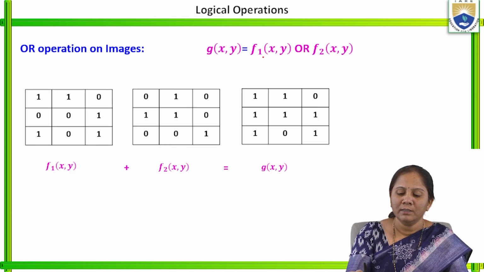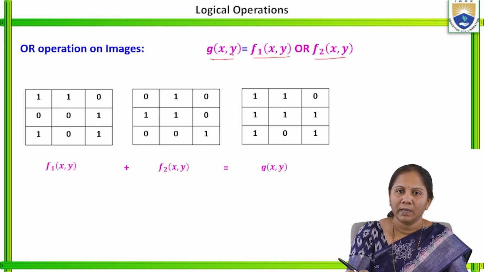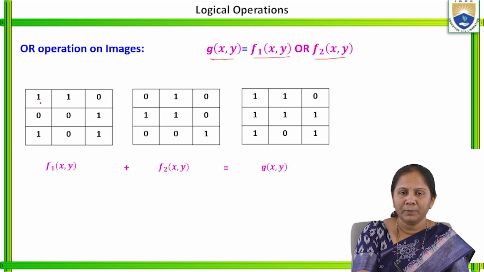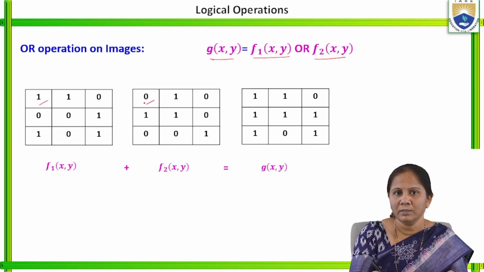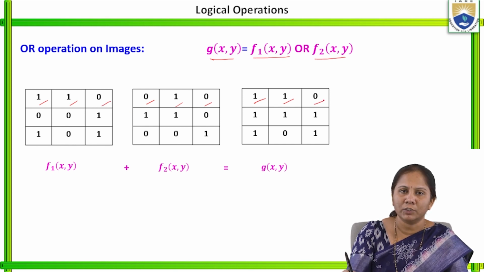So consider f1 of x comma y as image 1 and f2 of x comma y as image 2. If you perform the OR operation between these two images, the resultant image is g of x comma y. According to the truth table of the OR gate, for 1 0, at least one is 1, so the result is 1. Next 1 1, both are 1, so the result will be 1, and 0 0, the result is 0.